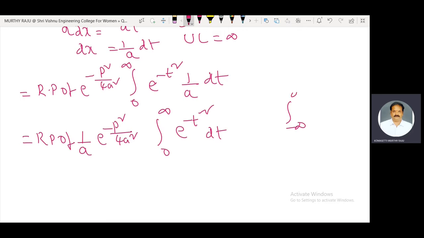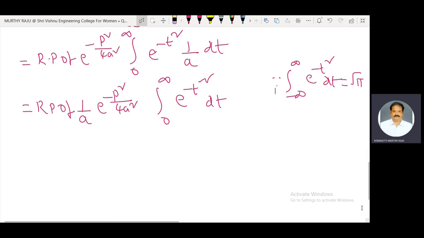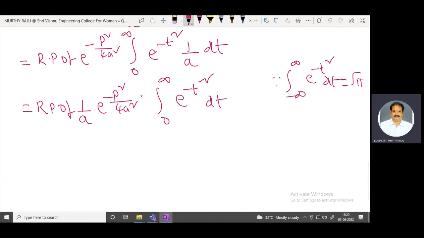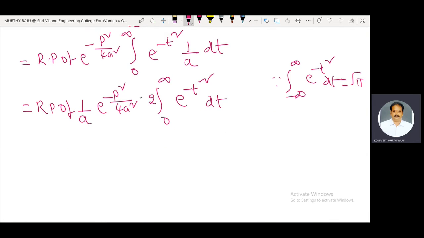Integral minus infinity to plus infinity e power minus t square dt is equal to root pi. But here 0 to infinity is there. This 0 to infinity interval is converted into minus infinity to plus infinity. That is the reason numerator and denominator are multiplied with 2.